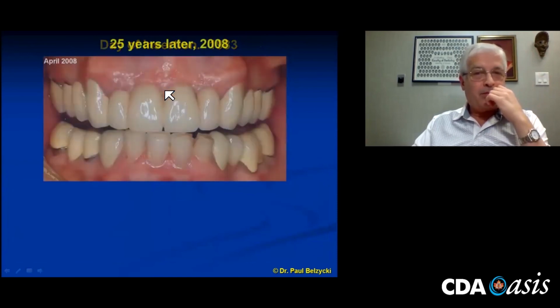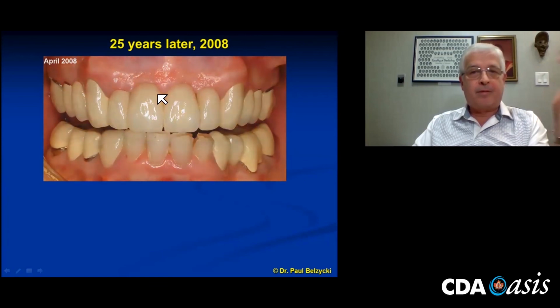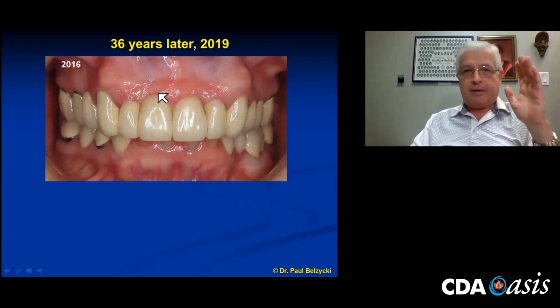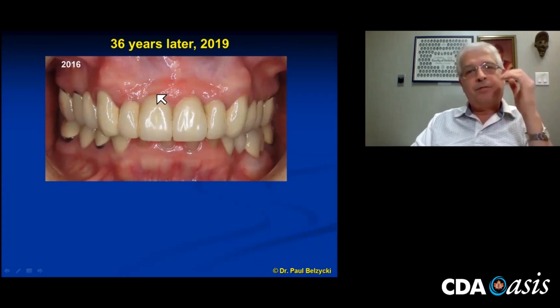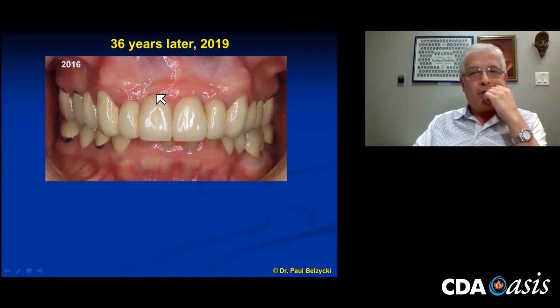That's the picture. This is 2008, some 25 years later. And here it is in 2016. I haven't seen her for a year or so because sadly she's in her late 80s and dementia's taken hold. Hope she's still brushing, but that's lasted 36 years.